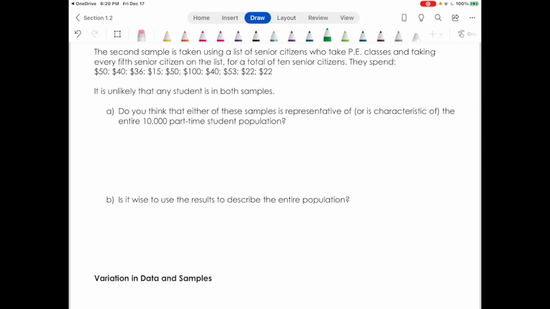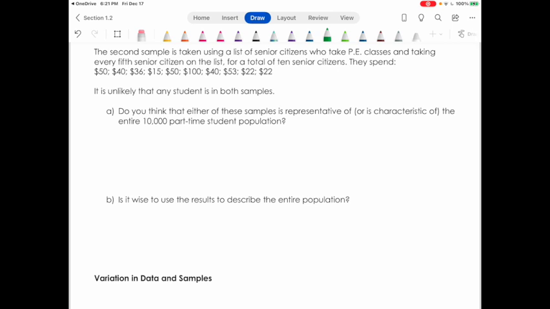Additionally, when you're taking PE classes, you're not going to have expensive lab fees, textbooks, and equipment, goggles, anything like that that you need to buy for the labs, or an expensive graphing calculator for your calculus class. So it's most likely that the first sample is going to have a much higher average cost for supplies.